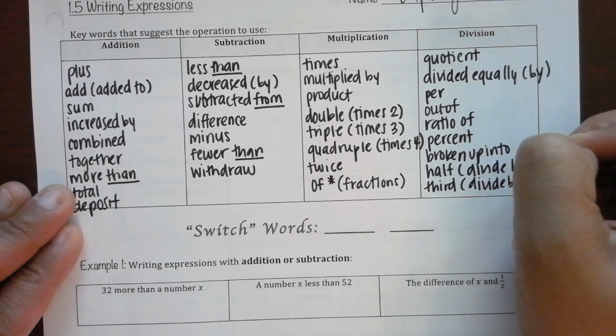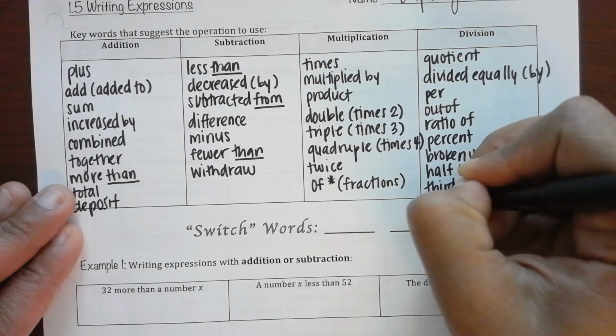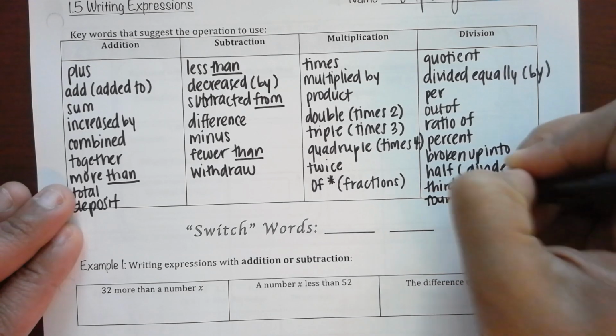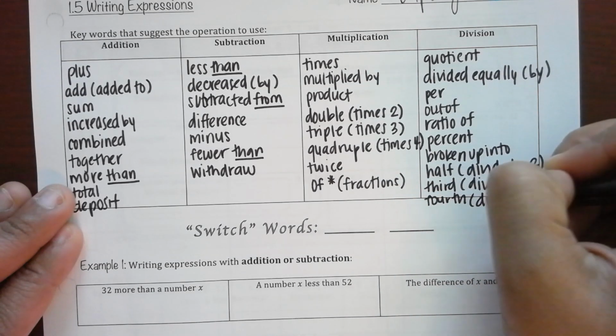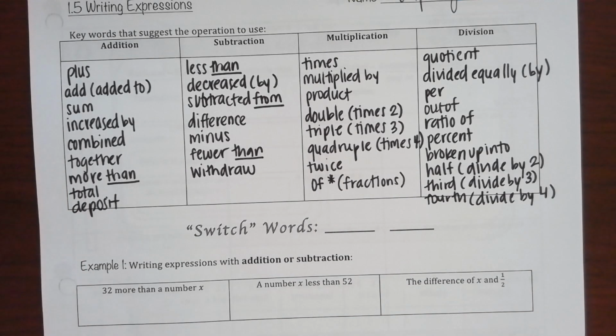Agreed. And how about a fourth? I'm dividing by 4. Perfect. And that goes on forever. You could say 5th, 6th, 7th, 8th. All of those are division by the number that you're actually saying. Any questions there? Everybody good?